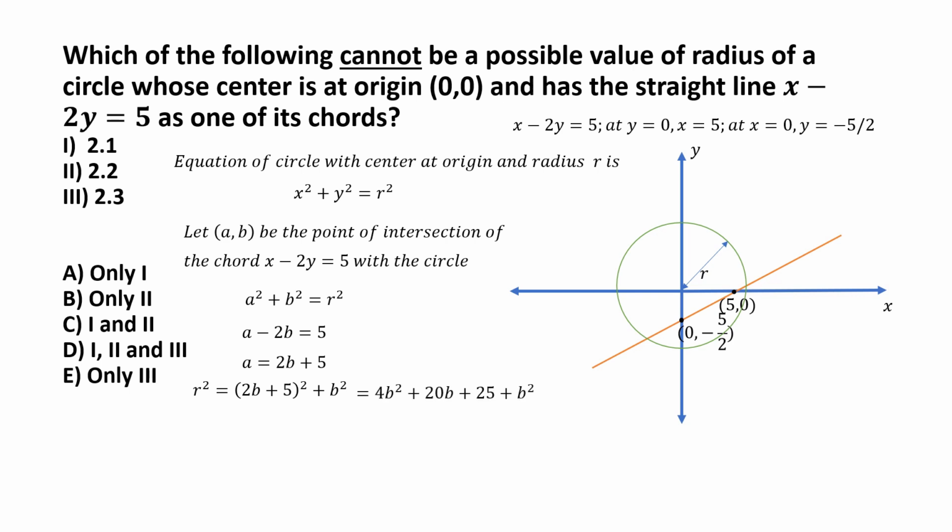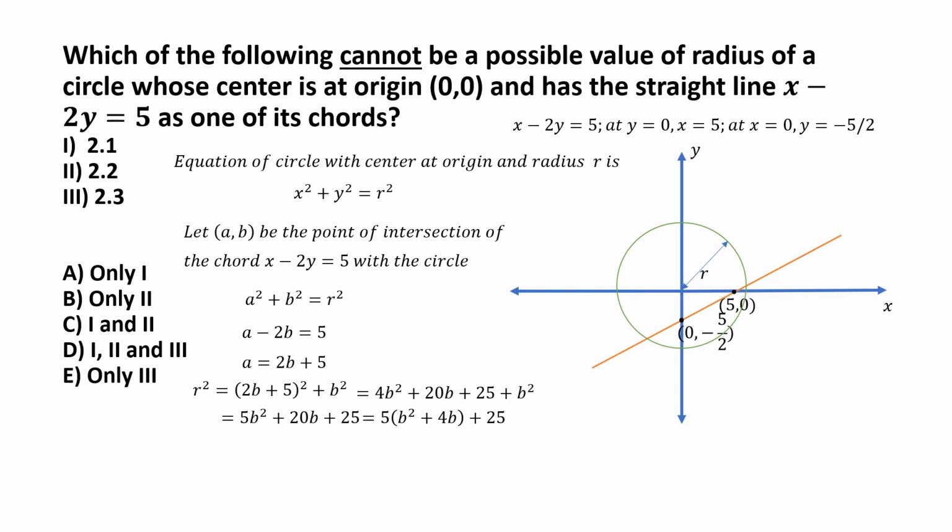And then if we expand (2b plus 5) whole square, we get this: 4b square plus 20b plus 25 plus b square, which comes to 5b square plus 20b plus 25. Now, if we take 5 as common from the first two terms, we get 5 within parentheses, b square plus 4b, and then we of course have 25.